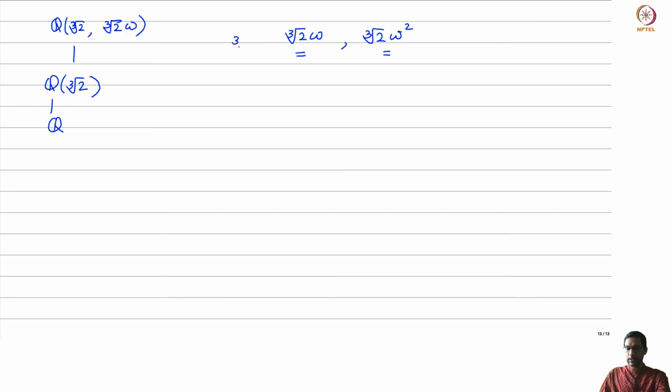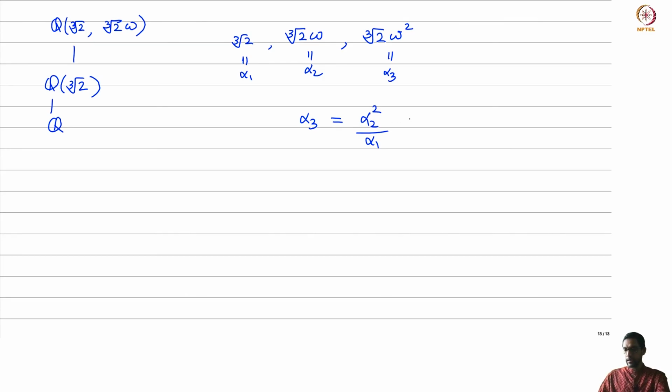Why is that? Let's just give these names again. Cube root of 2 is alpha 1, this is alpha 2, and let's say this is the third root alpha 3. Observe that alpha 3 is nothing but alpha 2 square divided by alpha 1. That's exactly the relationship among these three.